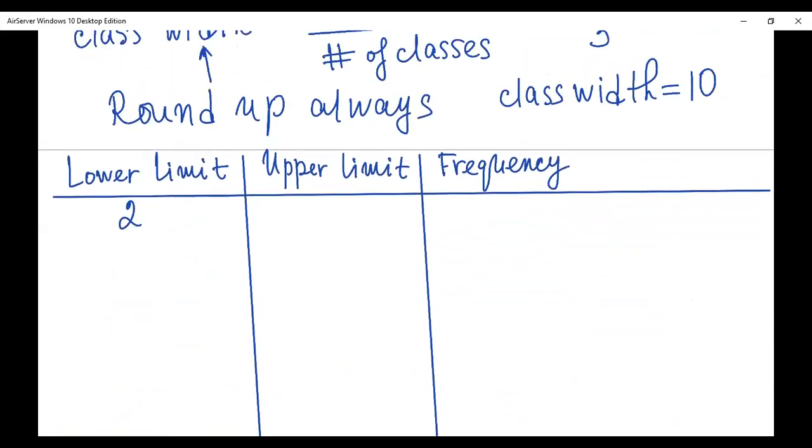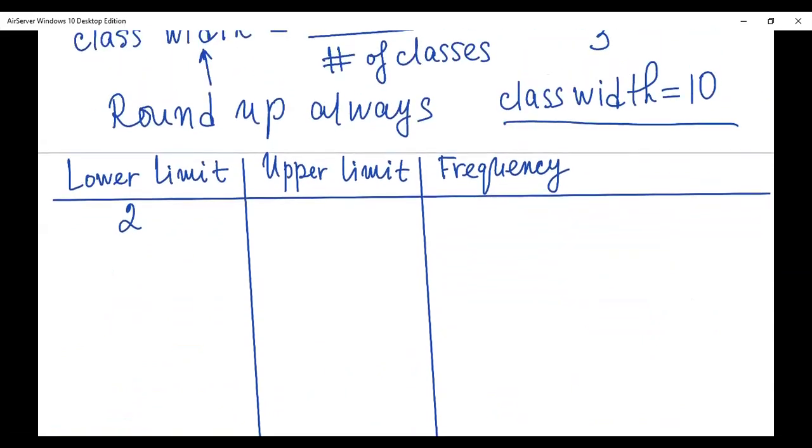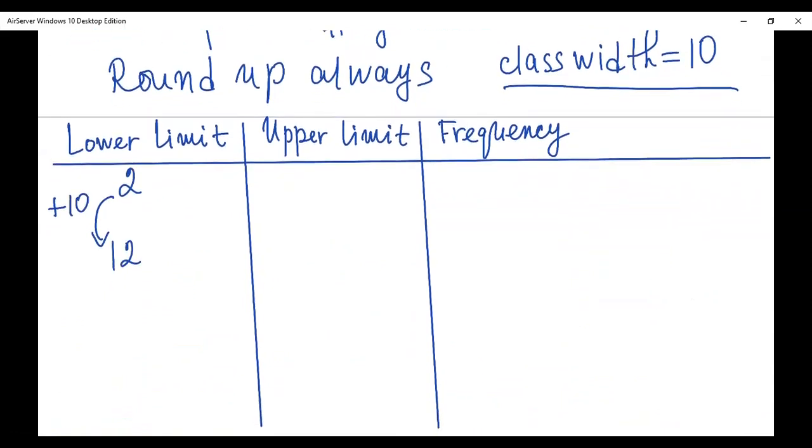So the reason why we were looking for the class width is because we're adding the class width to the first lower limit to get the next lower limit. So what we're doing here is we're adding 10. So the next lower limit is 12. And since we want 3 classes, which means that we want 3 bars, we're adding another 10.